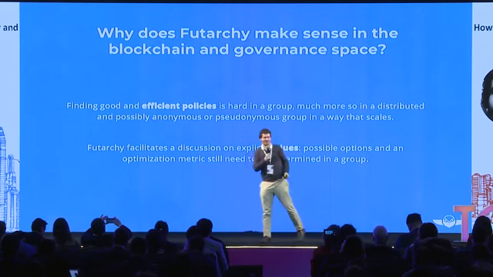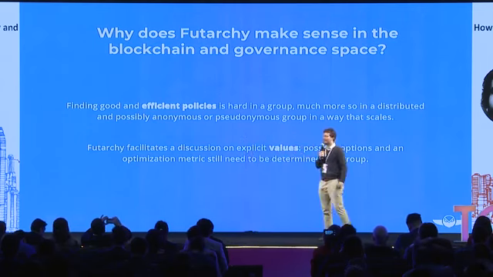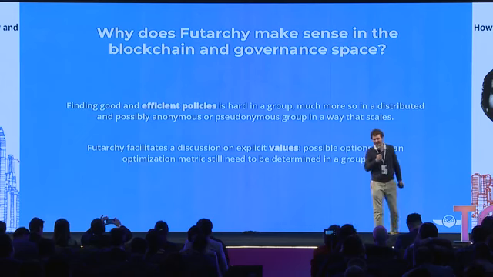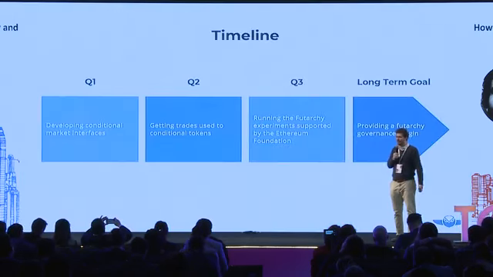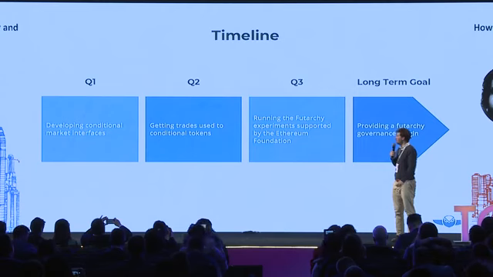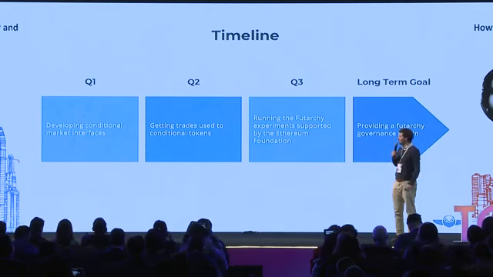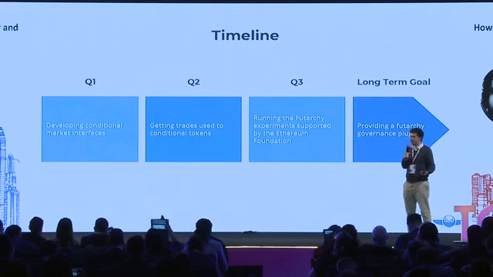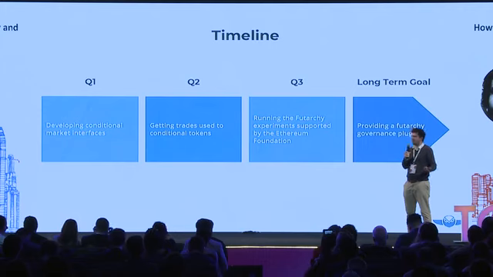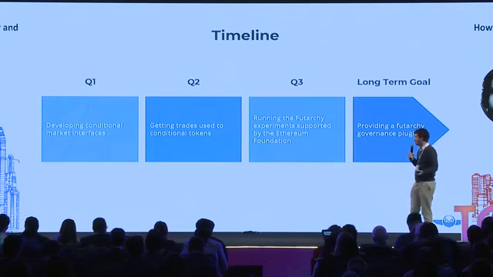All right, so those were the two use cases I want to present: reducing risk and futarchy. Timeline: we currently have those conditional trading, we have it ready to support those conditional tokens.